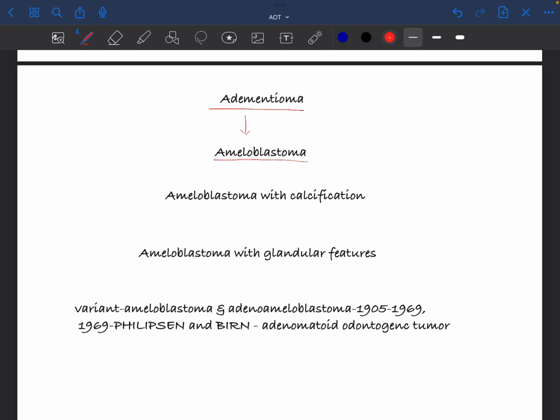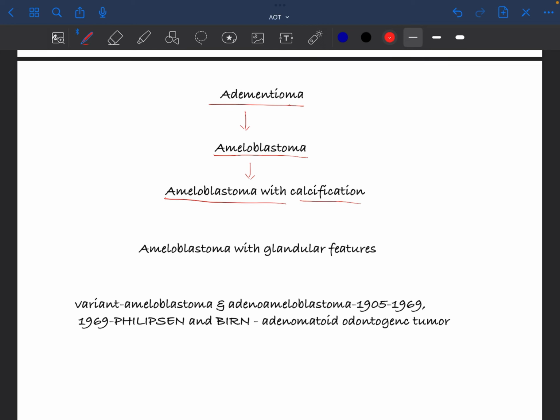As time progressed, we discussed tumors with calcification in them, which were usually named ameloblastoma with calcification, calcified ameloblastoma, or variants of ameloblastoma. But later on, it was Pindborg who named it CEOT in 1955.